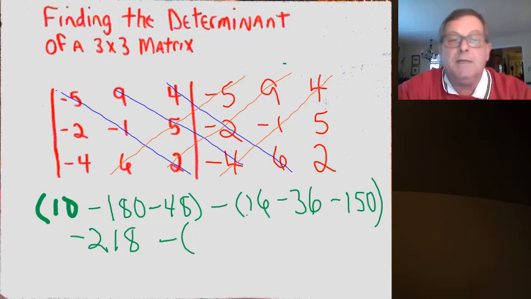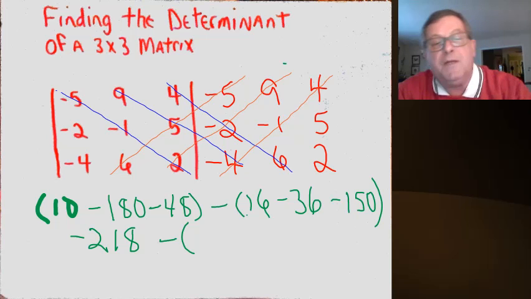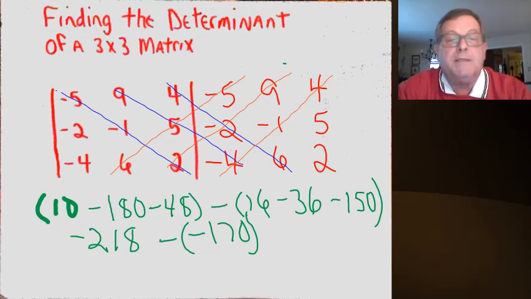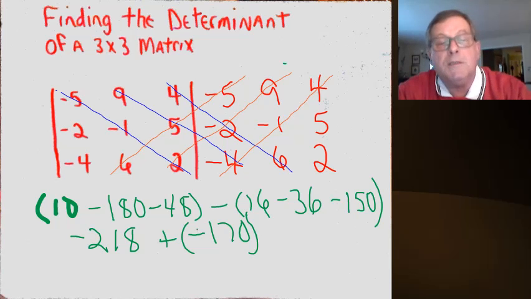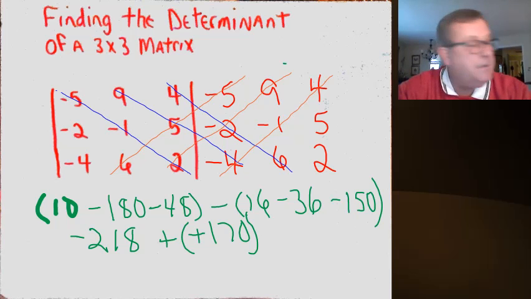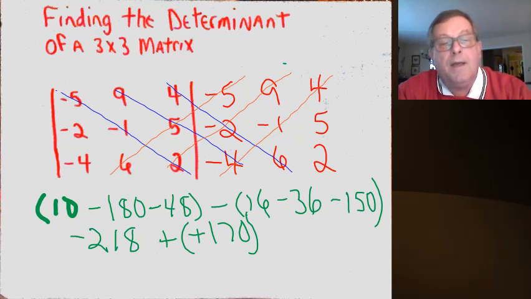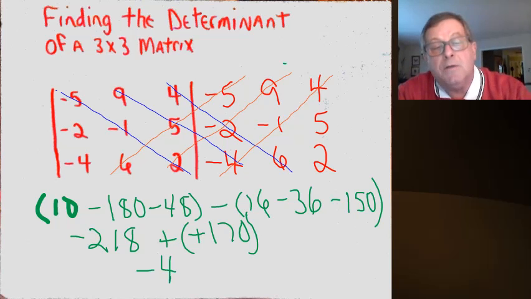So I got 16 minus 36 minus 150, and that is minus 170. Okay, so I got minus 218 minus minus 170, or that just becomes a plus. So minus 218 plus 170, and my determinant of this 3 by 3 matrix is minus 48.